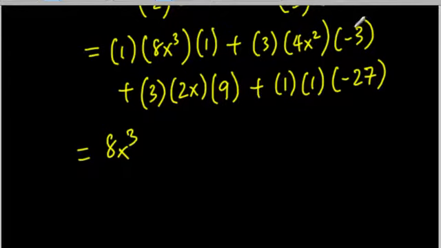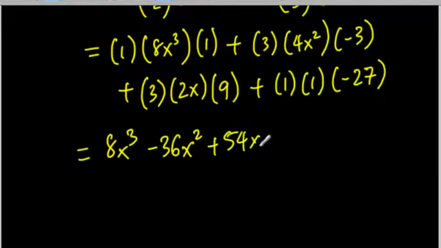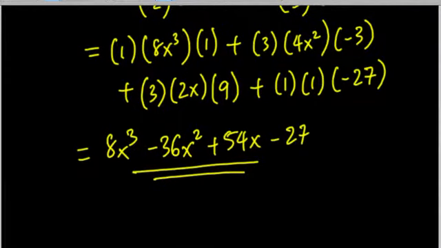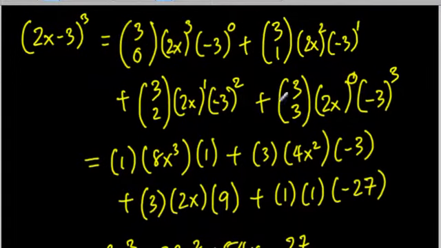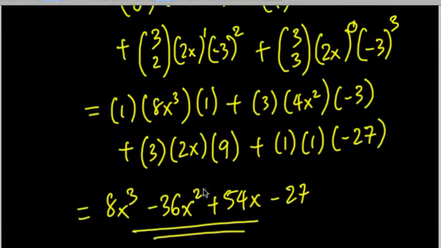And 12x squared times negative 3 is negative 36x squared. Okay, this one is 3 times 2x times 9, so 6x times 9, which is plus 54x. And finally, the last one that I have here is minus 27, because 1 times negative 27 is minus 27. And that is how we expand (2x - 3) cubed. It's simply equal to this.